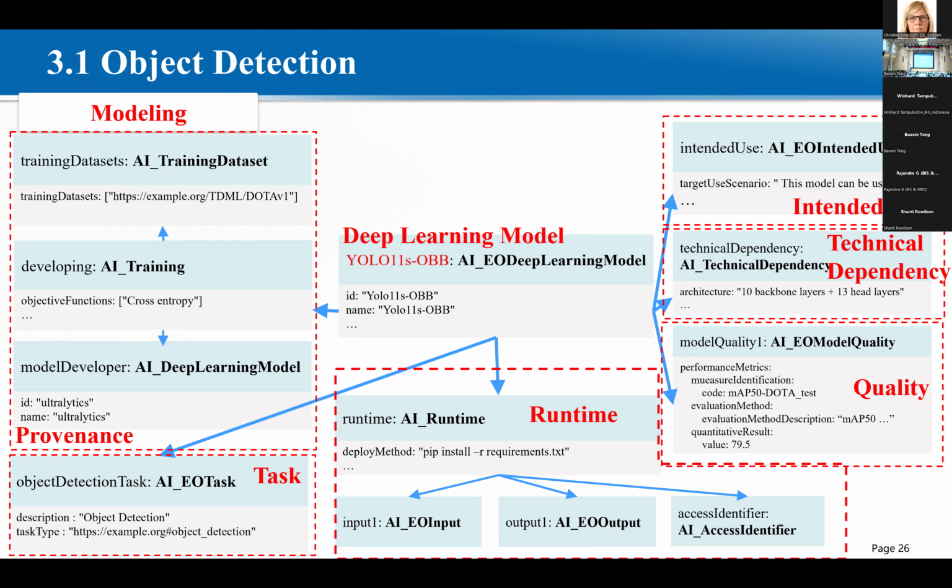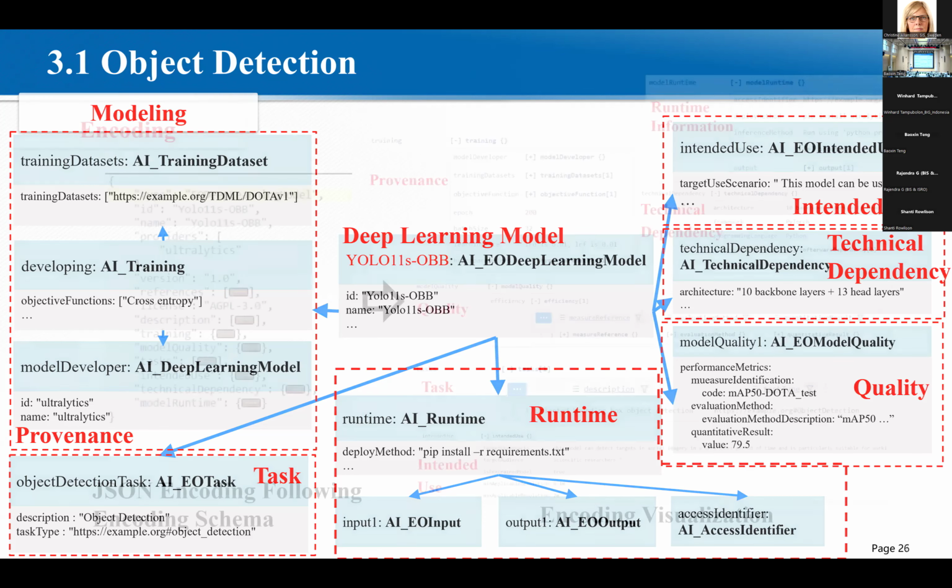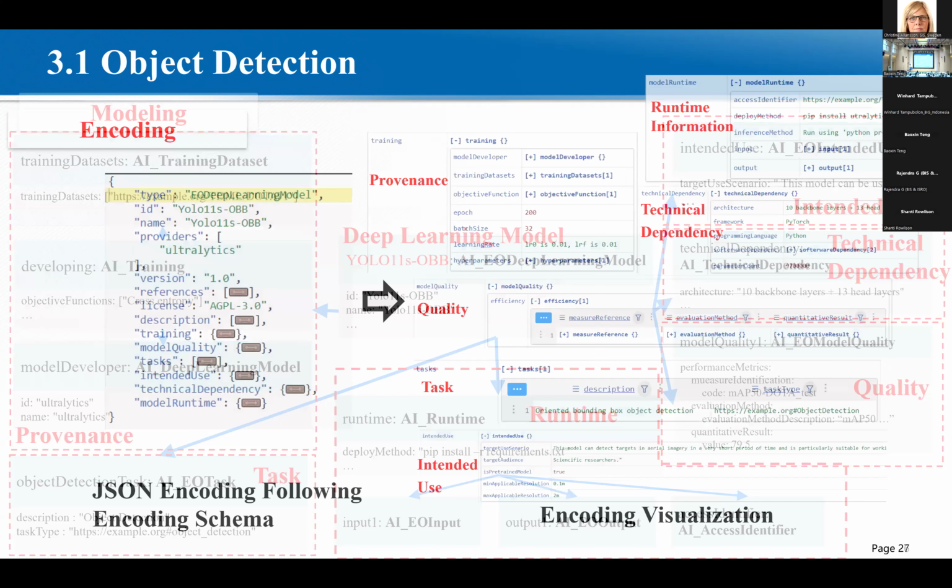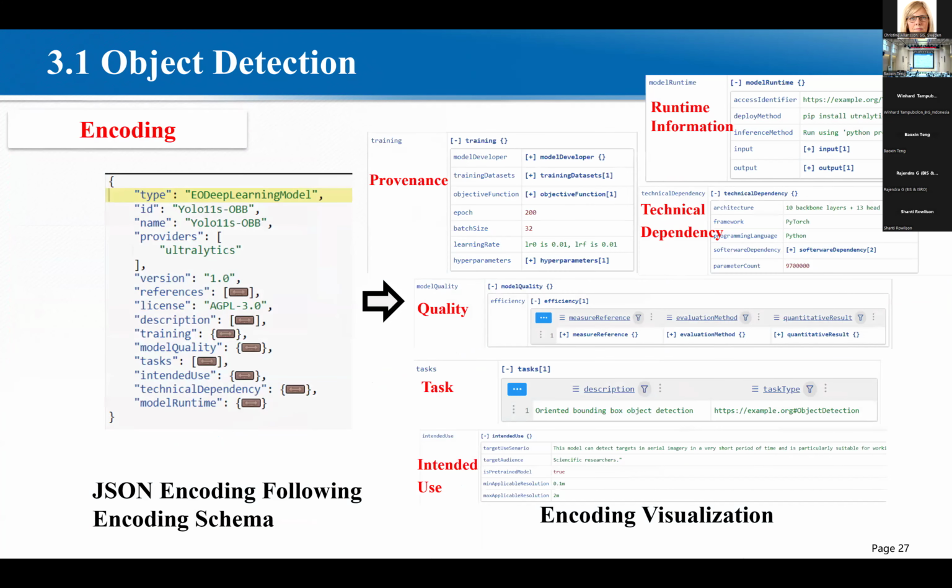Then it can be evaluated based on the provenance and the quality, and then it can be used following the runtime methods. So this is an encoding example, and all of this metadata can be encoded using JSON so that it can be exchanged in a web environment.